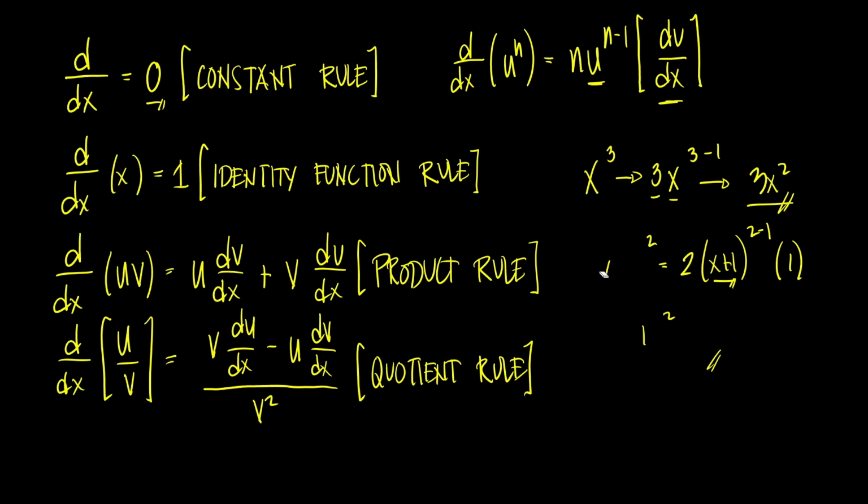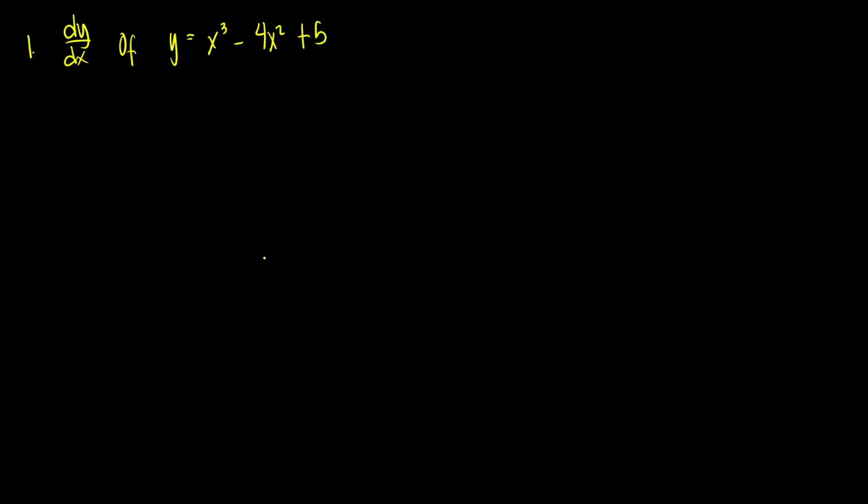So, on forward with our examples. Our example: y is equal to x cubed minus 4x squared plus 5. Here we have to find dy/dx. In order for you not to be confused, dy/dx is just equal to y prime.